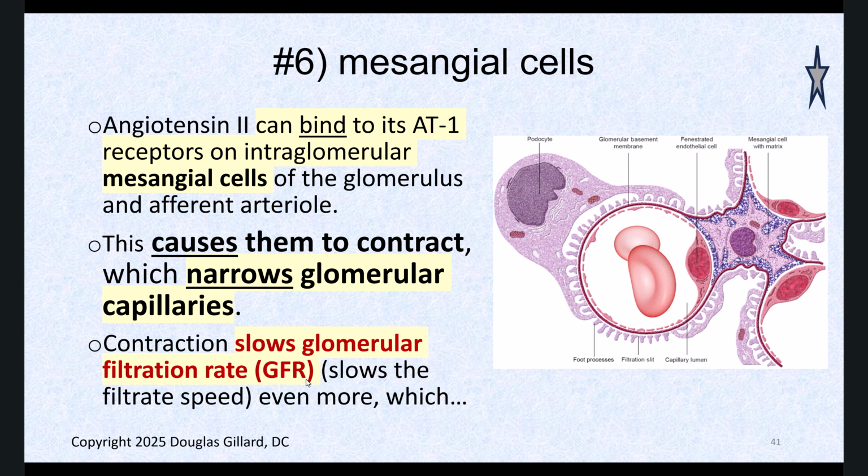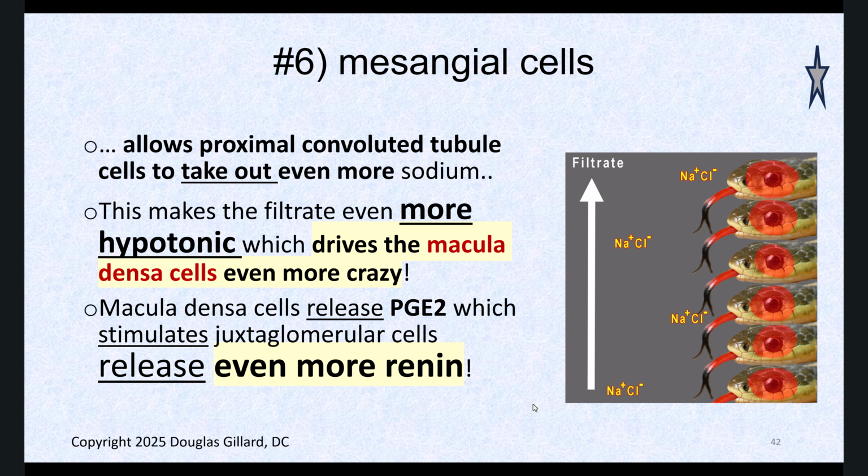That's going to slow the GFR down, and that's going to allow more sodium and chloride to be sucked up by the proximal convoluted tubular cells. Bottom line, make the tubular fluid very hypotonic, very salt poor, and it's going to drive macula densa cells crazy. Macula densa cells will taste this, and there's transporters.